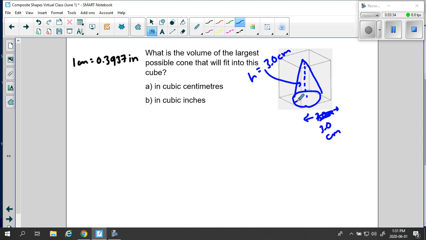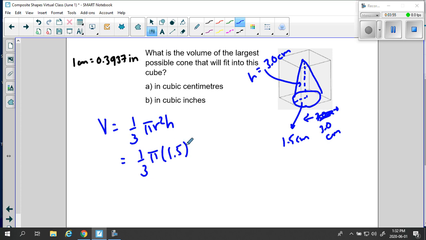And then the radius, though, is going to be half of the diameter. So it's 3 centimeters across, but this is only going to be 1.5 centimeters. So when we do our calculation, the volume of a cone is going to be 1/3 pi r squared times the height. So we'll just plug that in. The radius is 1.5 squared, and the height is 3 centimeters.